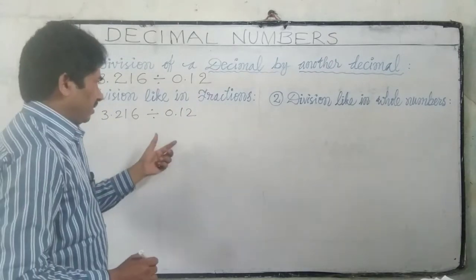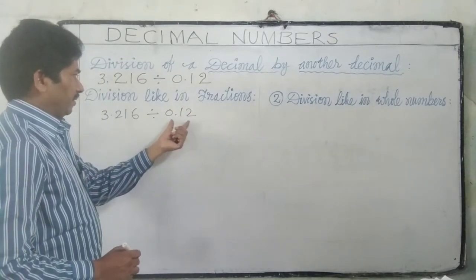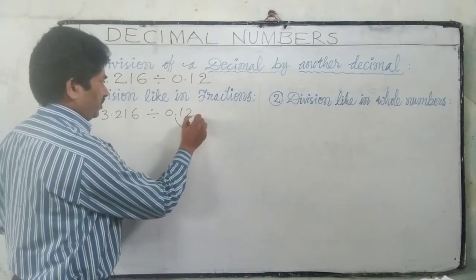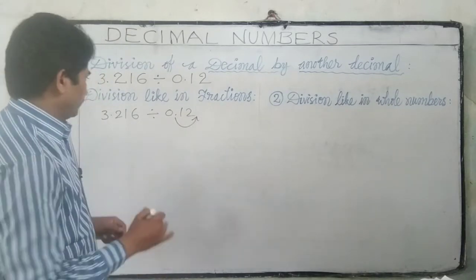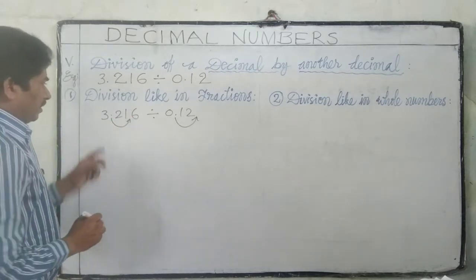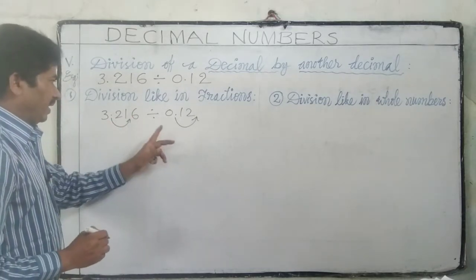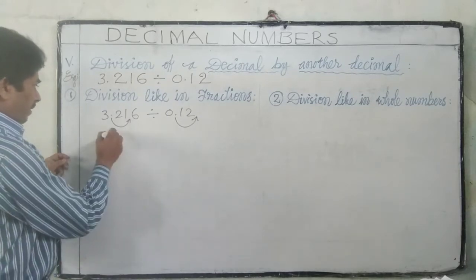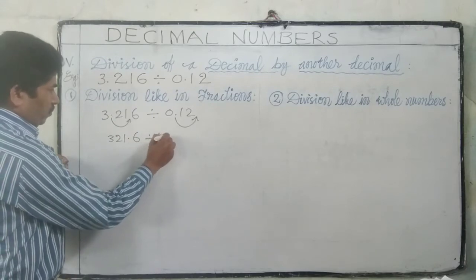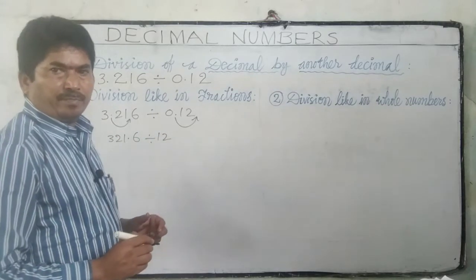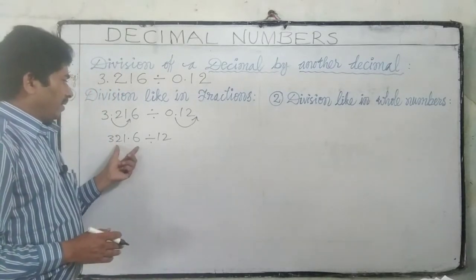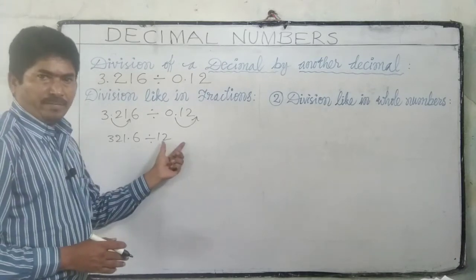First we have to make the divisor a whole number. To make this a whole number, shift the decimal to the right by 2 places. In the dividend also, we shift the same number of places. 321.6 divided by 12. Now we follow the procedure: division of a decimal by a whole number.